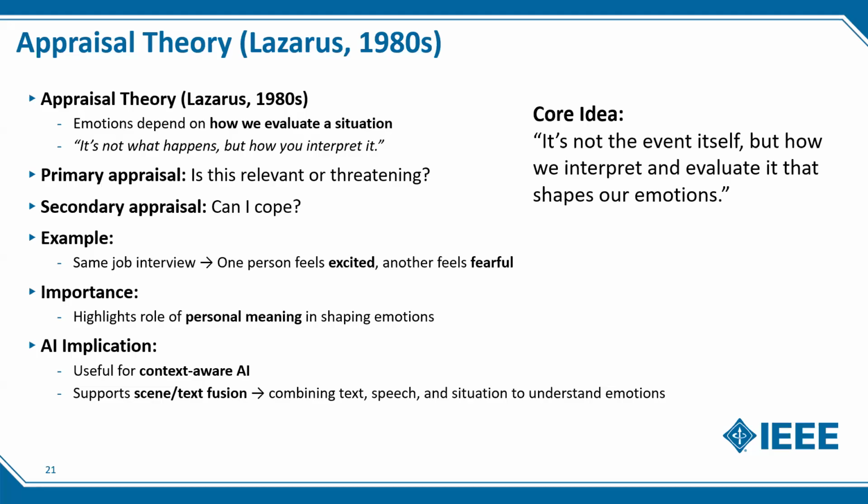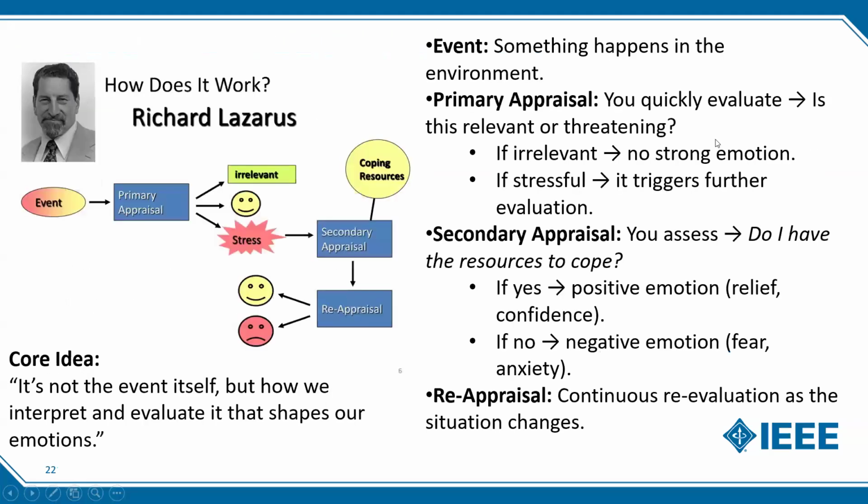That is the core idea behind appraisal theory. It is not the event itself, but how we interpret and evaluate it, that shapes our emotion. That is what is called appraisal theory.